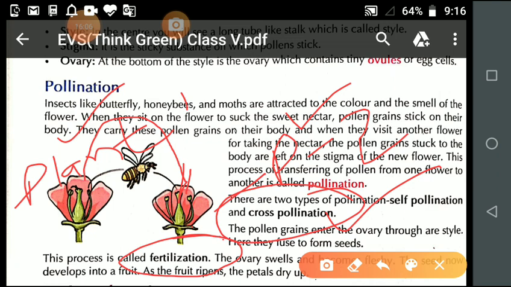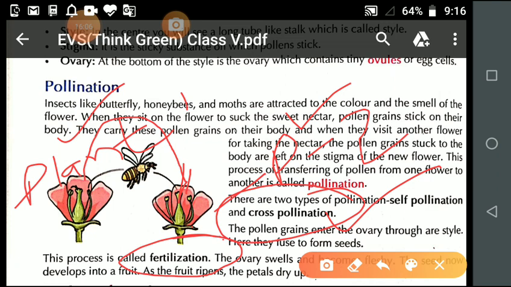So this embryo is inside the seed. Now student, what happens? The ovaries surrounding the ovules develop into a fruit that contains one or more seeds.